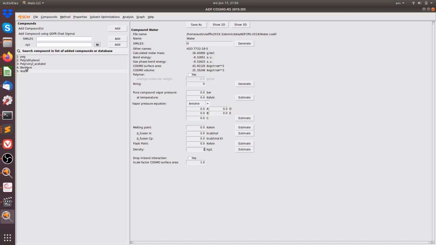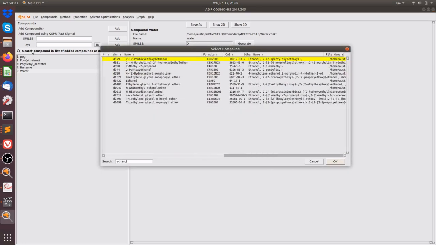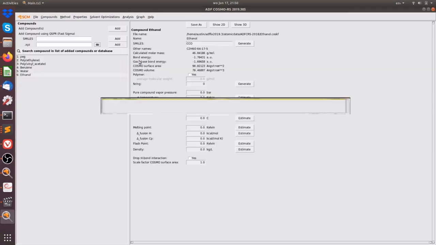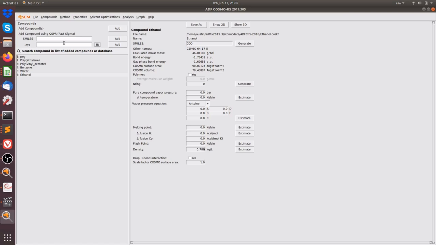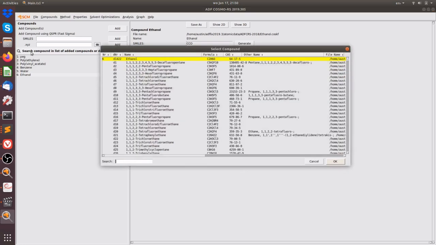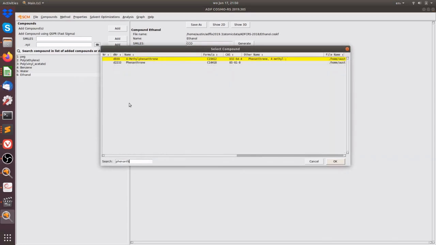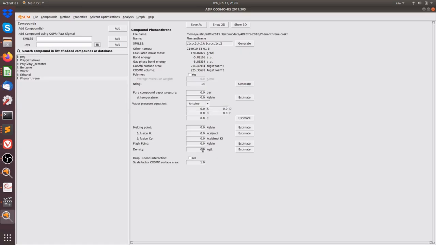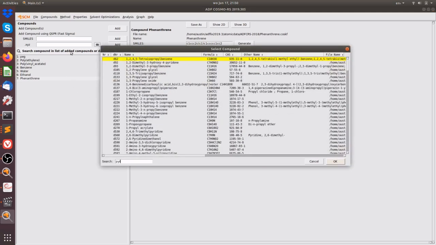And we'll add a couple compounds here for which I found experimental data. One is ethanol. That density should be 789. Phenanthrene. That density is 1.18. And finally Pyrene.